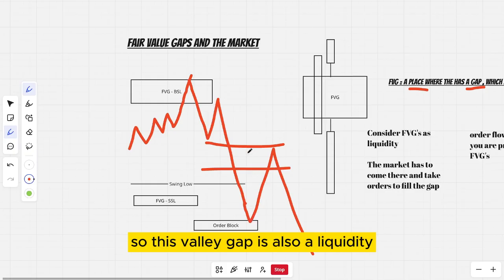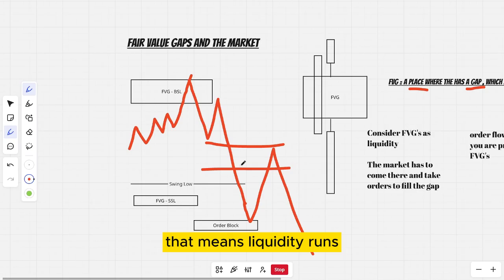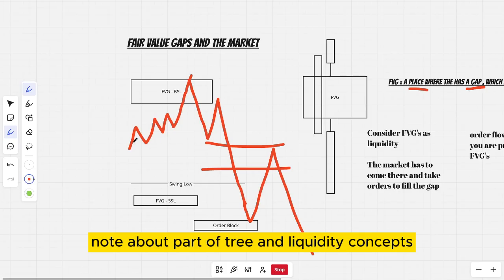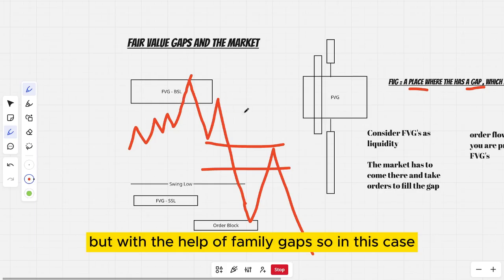This fair value gap is also a liquidity, and we call this internal range liquidity. If you don't know about internal and external range liquidity, meaning liquidity runs, you should have an idea about that. This is a simple theory, guys. If you know about power of three and liquidity concepts, you can predict the market with the help of fair value gaps.